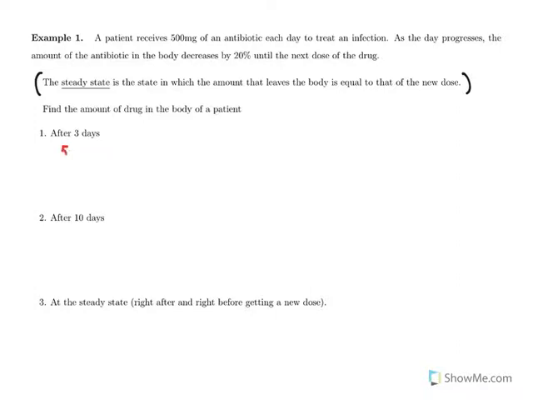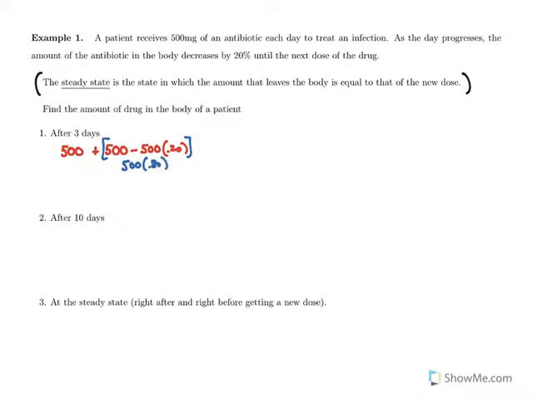So today we have 500 milligrams that is not decreased at all. Yesterday's 500 milligrams has decreased by 20%. And note that we can write this, 500 minus 500 times 20%, as 500 times 0.8.